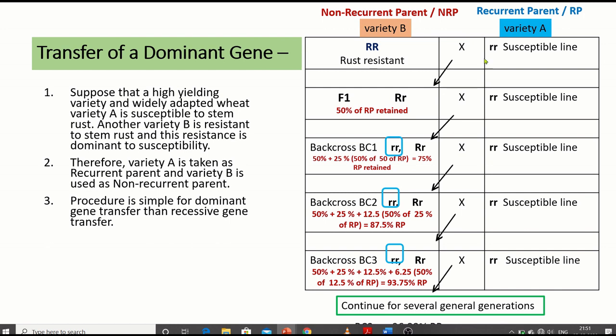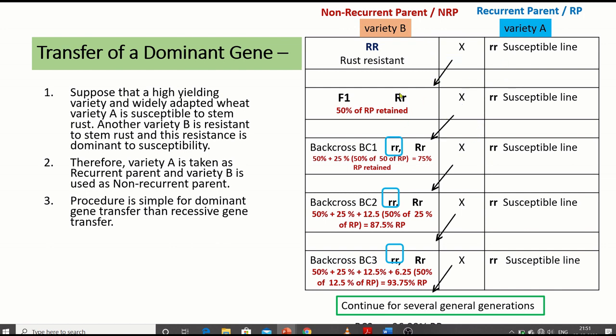So what we will do is regain the rest of the recurrent parent's genome. How to do it? We have to backcross again and again to recover the genetic losses during hybridization.